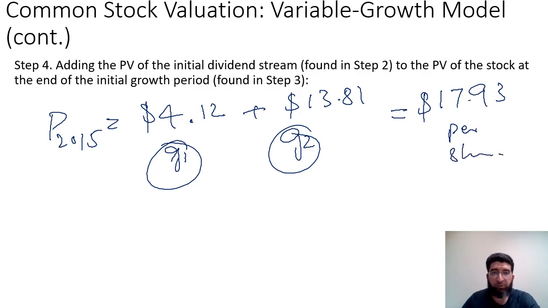So these are the 4 steps that you have to practice in order to get the idea of how to calculate the value of the stock based on the variable growth model.